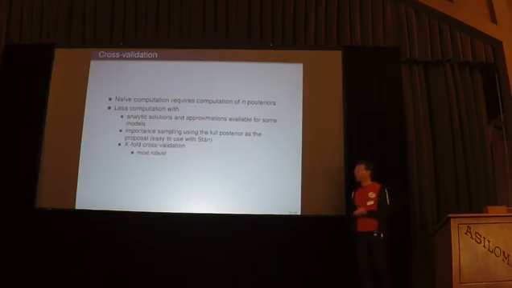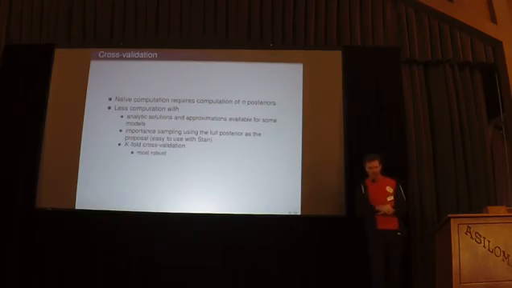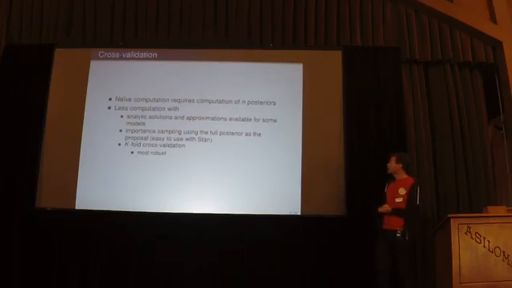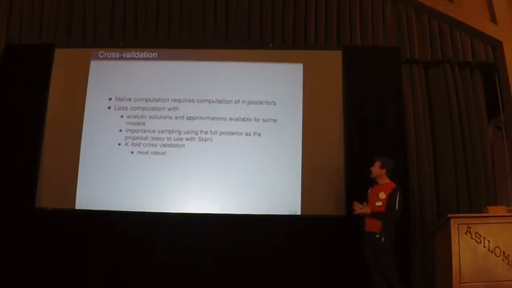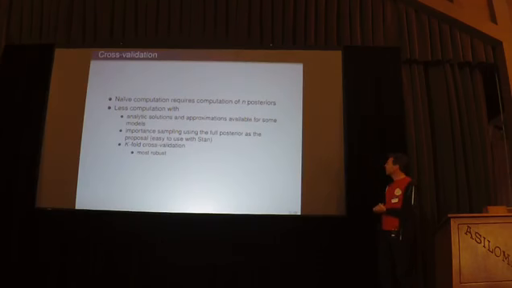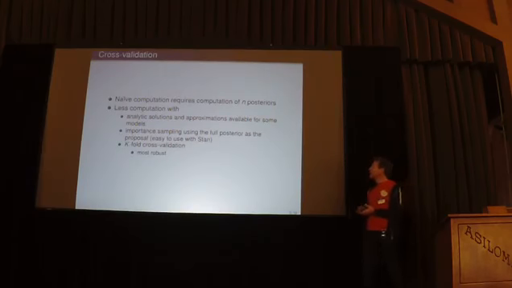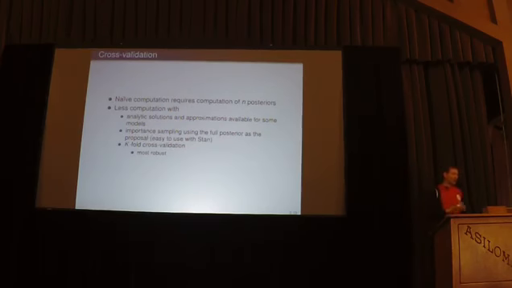Generally, for some simple models like Gaussian linear models, there are analytic solutions. For some models like Gaussian latent variable models and Gaussian processes, there are good analytic approximations. Stan uses importance sampling, which I explain soon. And then we can also do k-fold cross-validation, where we just reduce the number of posterior refits we do.